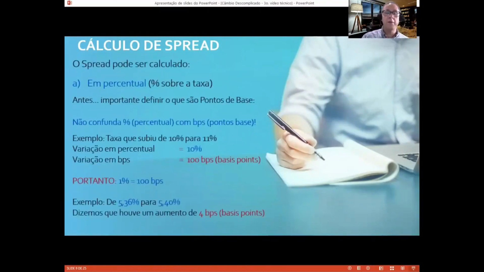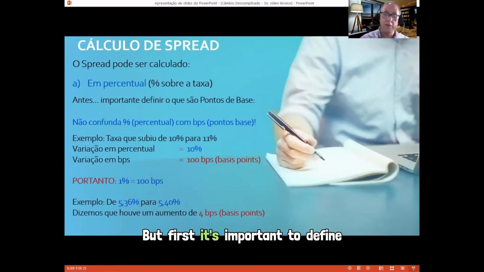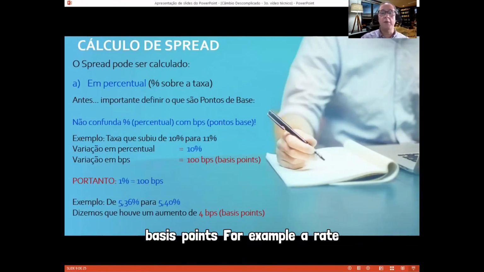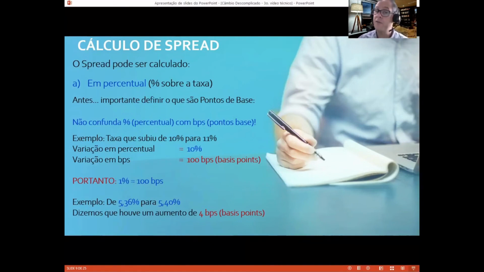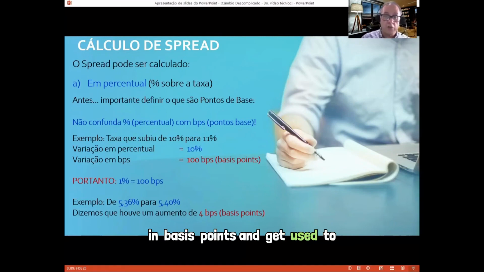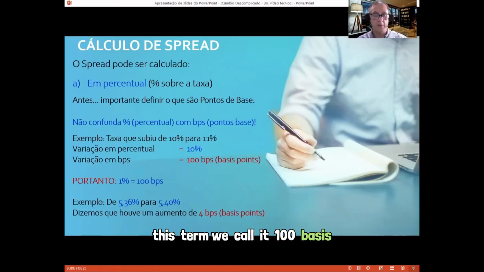Let's go. The spread can be calculated as a percentage over the rate. But first, it's important to define what basis points are. Don't confuse percentage with BPS, which stands for basis points. For example, a rate that went up from 10% to 11%, what happened to it? The percentage change was 10%, but in basis points, and get used to this term, we call it 100 basis points.